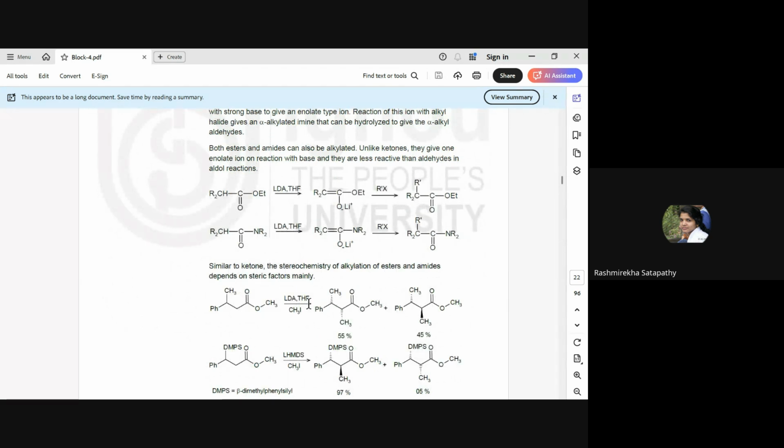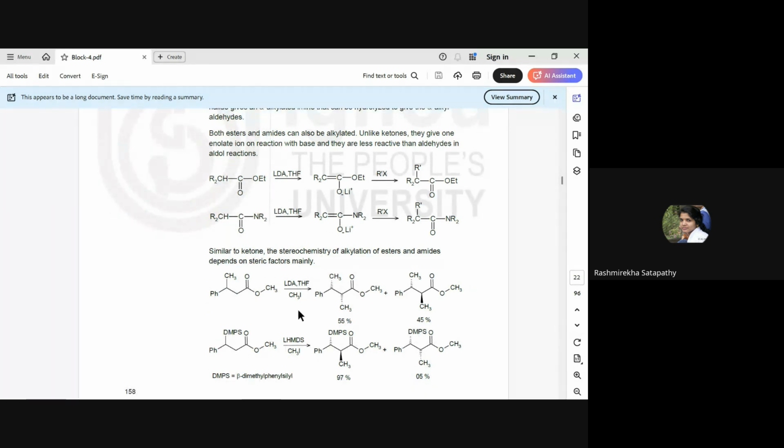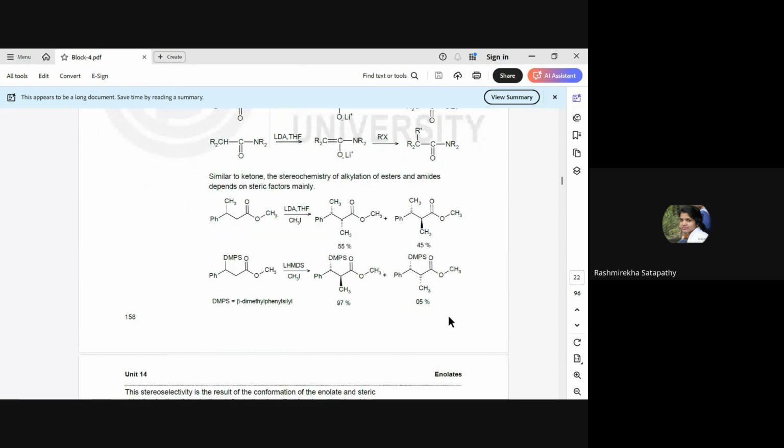Similar to ketones, the stereochemistry of alkylation of esters and amides depends mainly on steric factors. With LDA, THF, and methyl iodide, the methyl group is attached here. This is 55%, this is 45%, almost the same. This is in the presence of base.